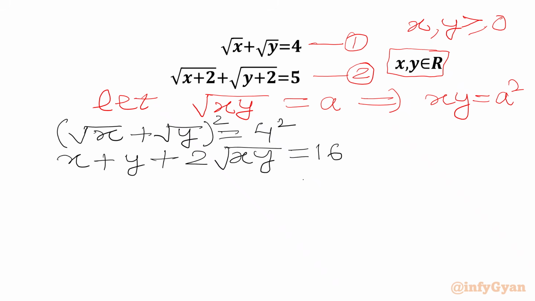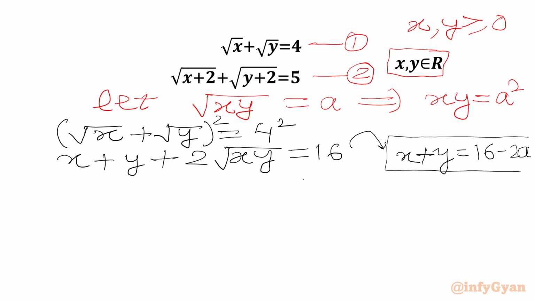Now square root xy is a, so we can write from here x plus y will be equal to 16 minus 2a. This result we will use little later. Now I will call this our third equation.